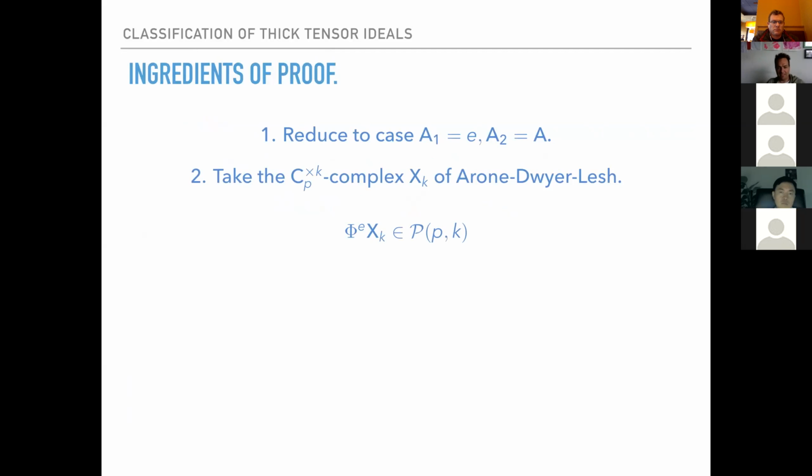What does this complex have going for it? Well, non-equivariantly, it's type k. If I look at its fixed points for one of these subgroups, CP^(k-n), then the height drops appropriately. So that should have been, yes, k minus n.